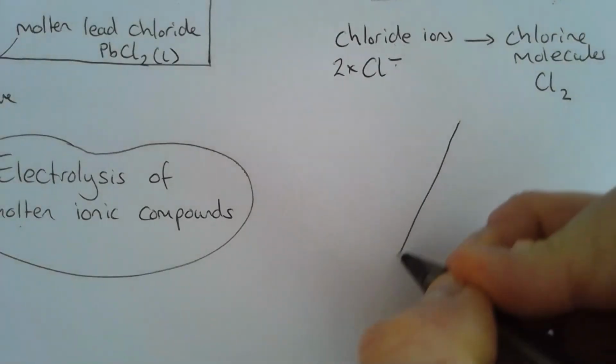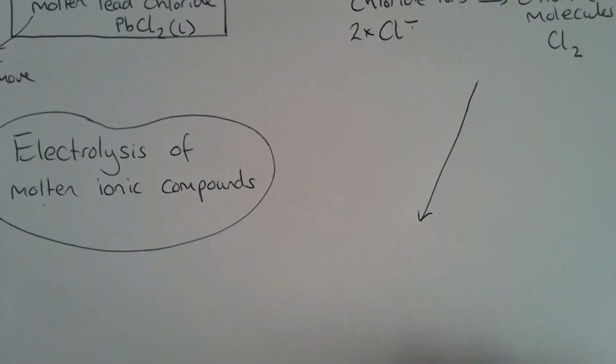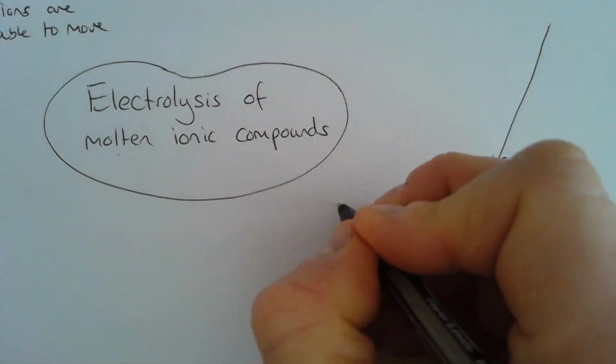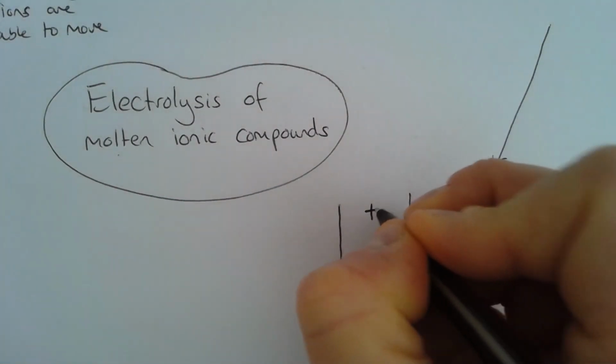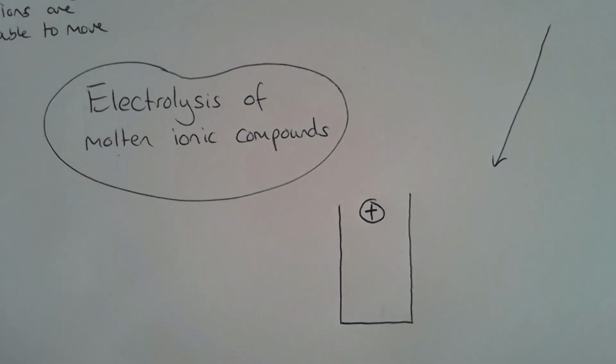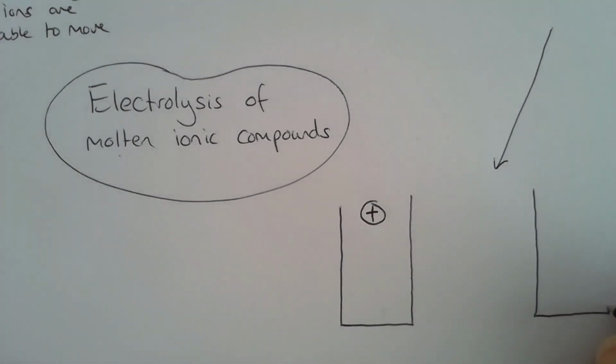So what's happening at the two electrodes? Actually, we'll start with the negative electrode, which is probably an easy one to understand.